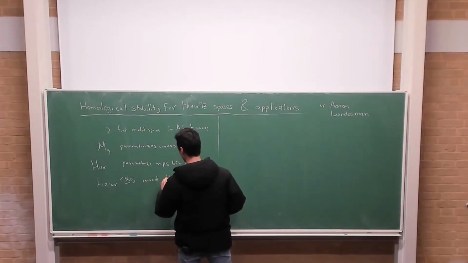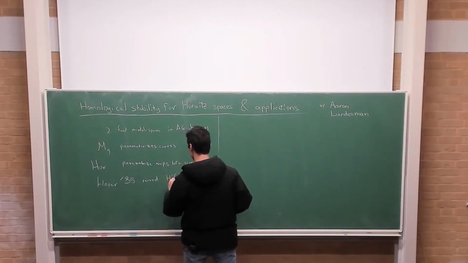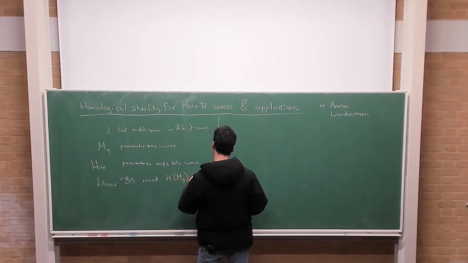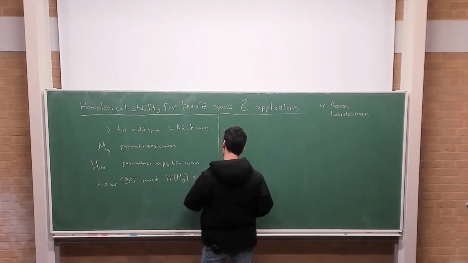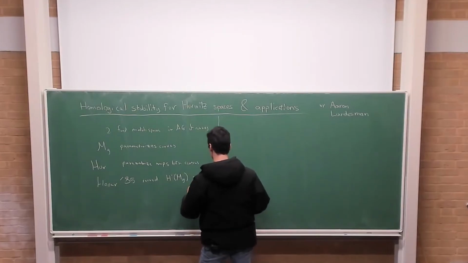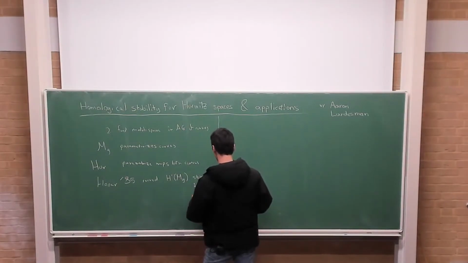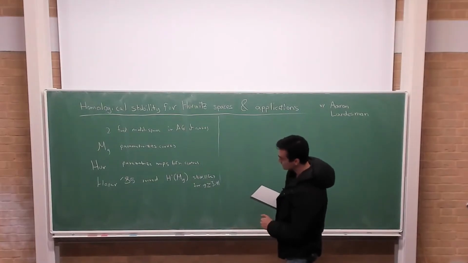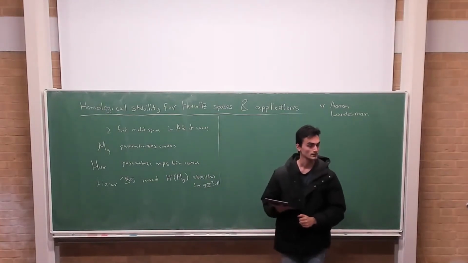Namely, Harer proved that the cohomology of M_g, H^i, stabilizes for i fixed and, maybe, g greater than or equal to 3i plus 1.